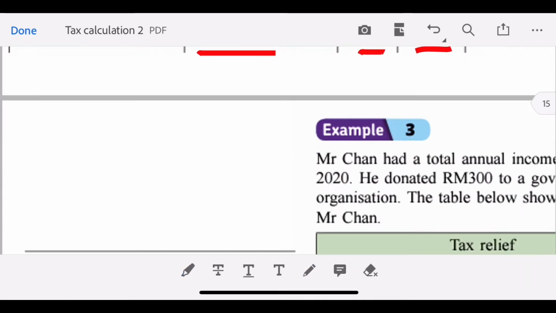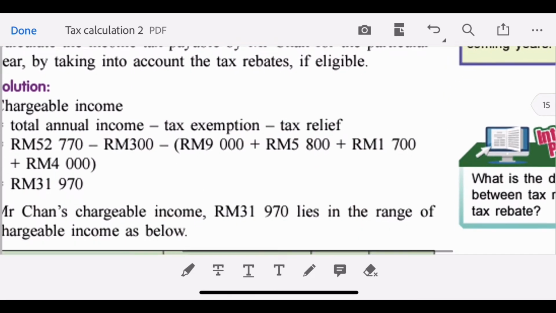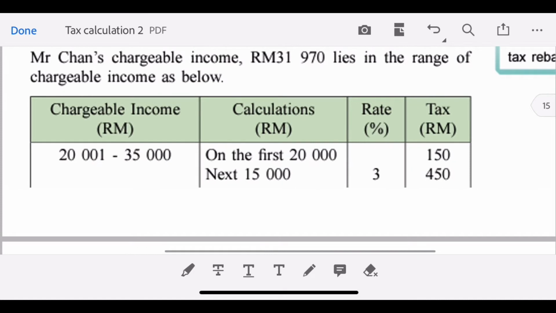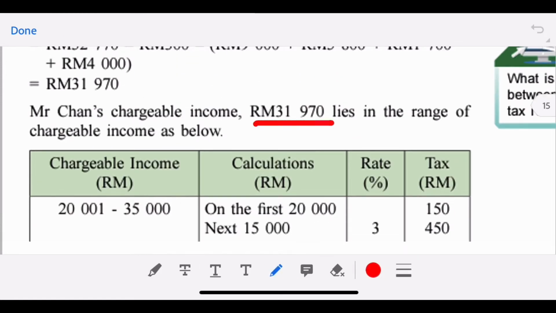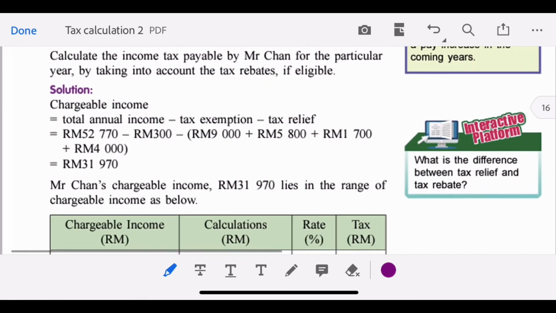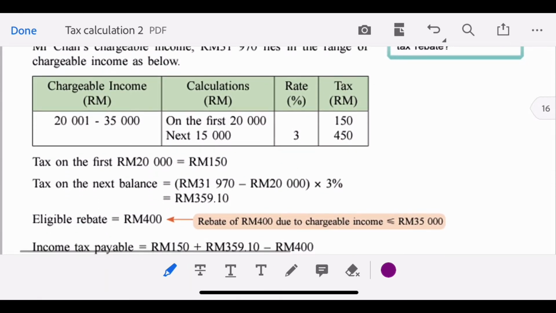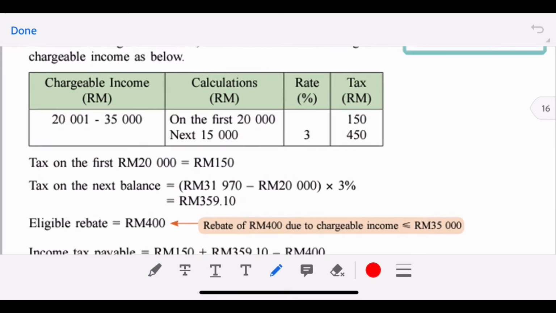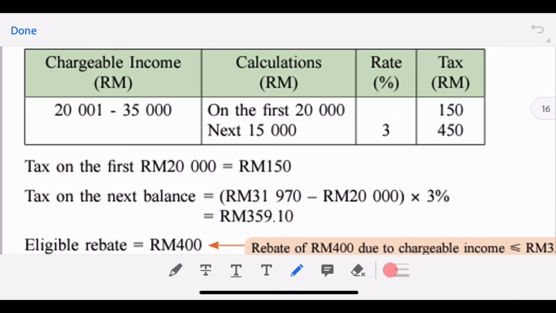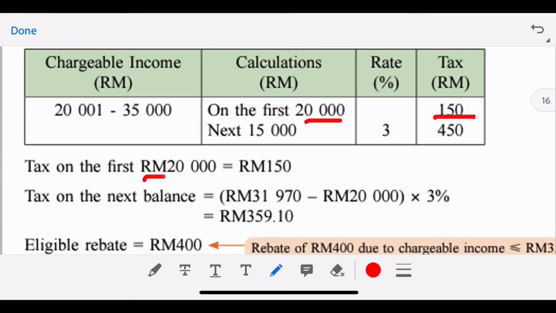So let's see, Mr. Chan had a total annual income just now as we mentioned. His actual chargeable income is 31,970. So we are going to calculate the tax that Mr. Chan needs to pay. According to the table, for the first 20,000, Mr. Chan needs to pay 150.